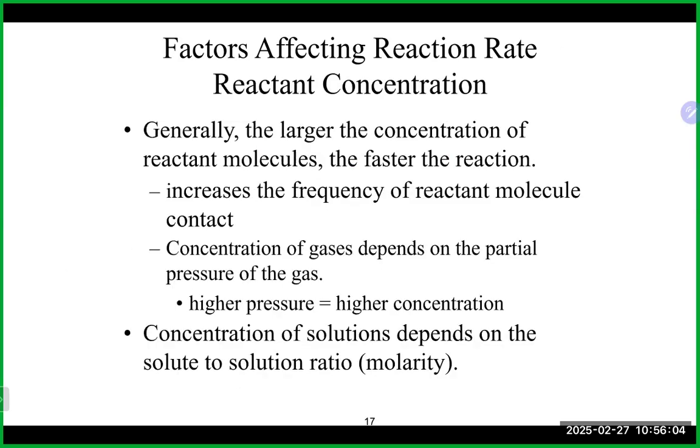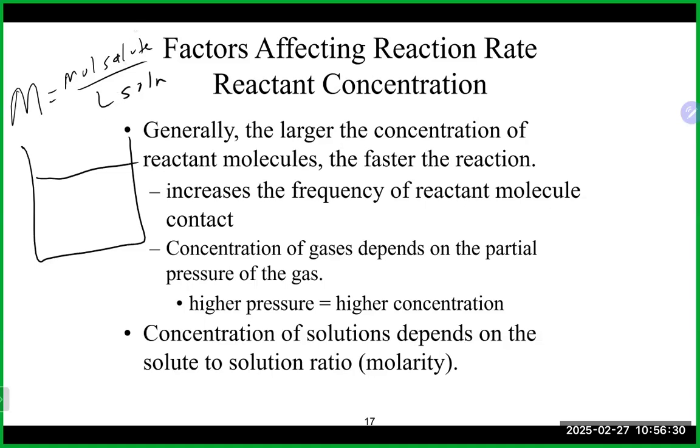Now, concentration is also a really big effect on the reaction rate. Generally, the larger the concentration of reactant molecules, the faster the reaction will happen. So again, molarity, if we talk about concentration, is our moles of solute over liters of solution. When we talk about things reacting in a beaker, it is actually the solute molecules that are really reacting.